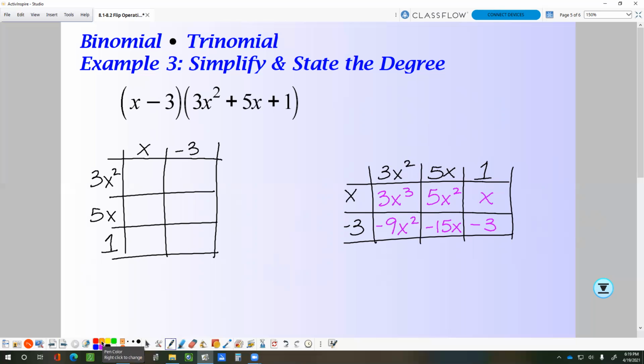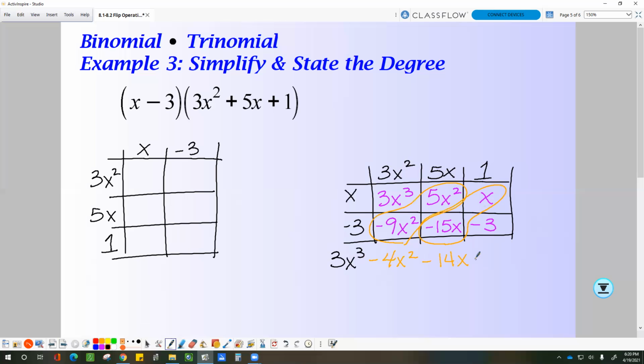I can combine on the diagonals. I have negative 9x squared plus 5x squared, that's negative 4x squared. And I have negative 15x plus x, that's negative 14x. 3x to the third, I can't combine with anything.